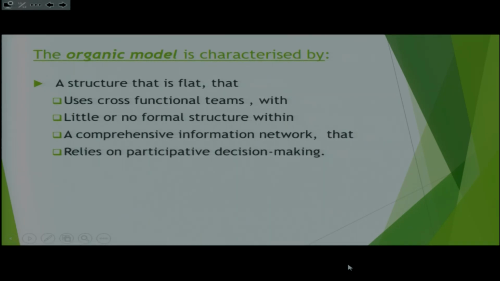That means they can get information from anywhere. They've got a comprehensive information network that relies on participative decision-making. That's an organic model.